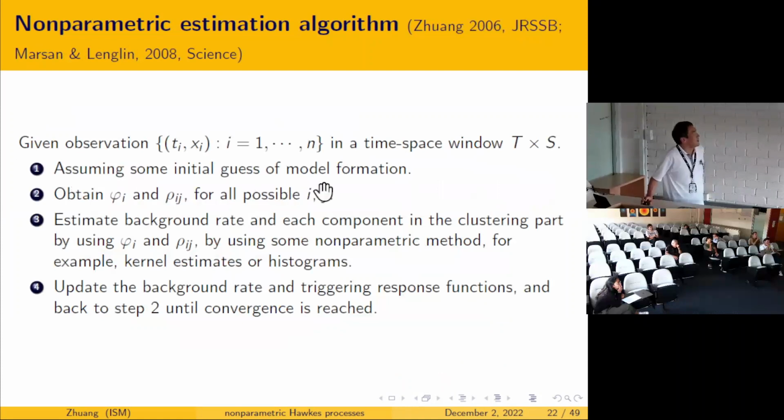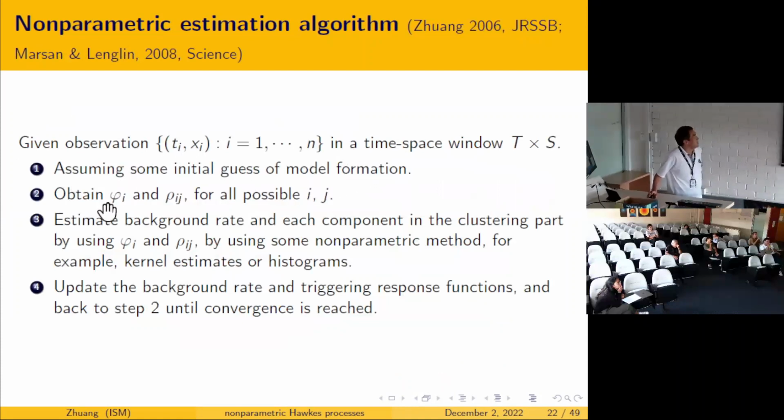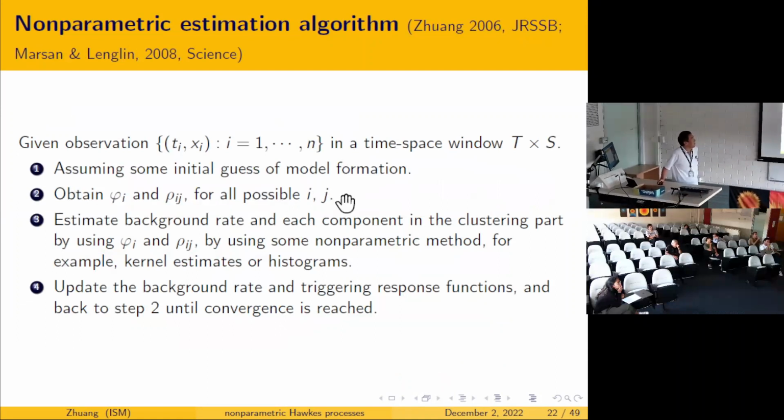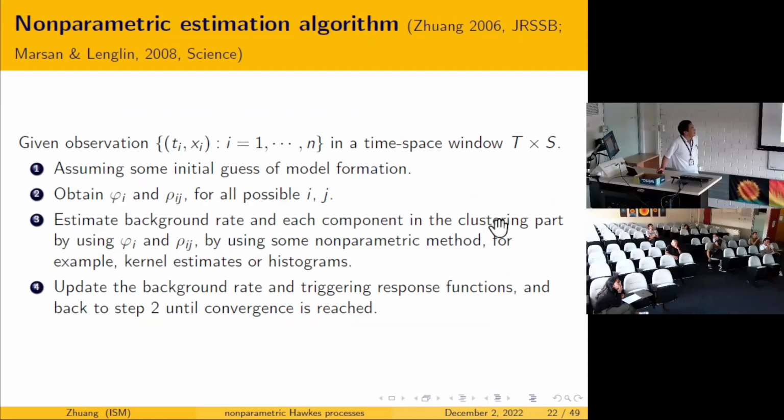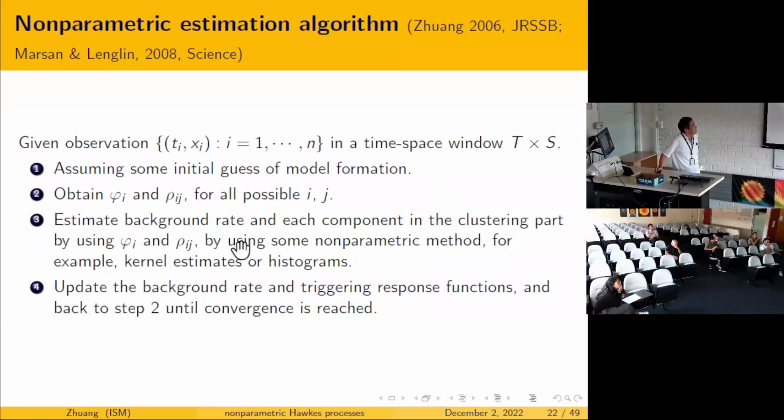So this is the algorithm. They assume some initial guess of the probabilities for all of the pairs, and then they estimate the background and the triggering part by using some non-parametric method, usually kernel or histogram. And then we can update the background rate and the triggering response function and go back to the step.